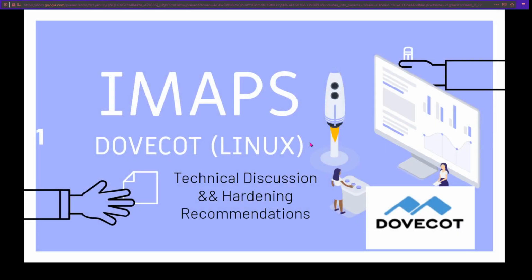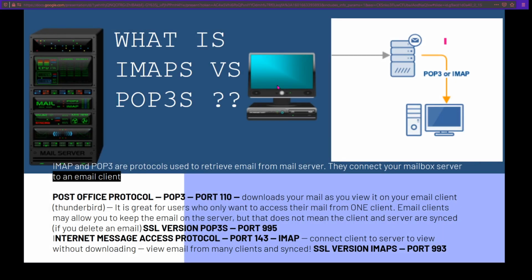We'll start with IMAPs. As I went over it last week, we will be using Dovecot as the application to implement IMAPs. And we went over POP3S last week, so I will remind us all of the differences between them.